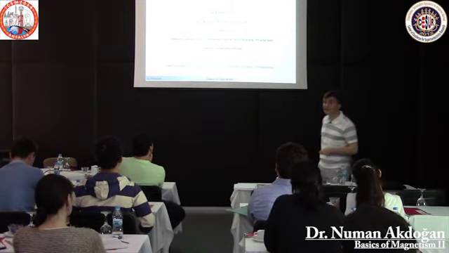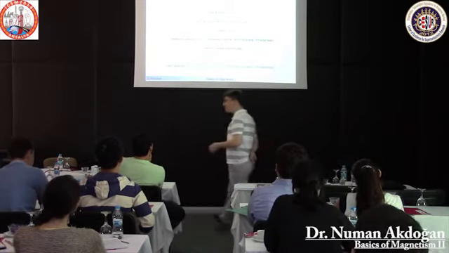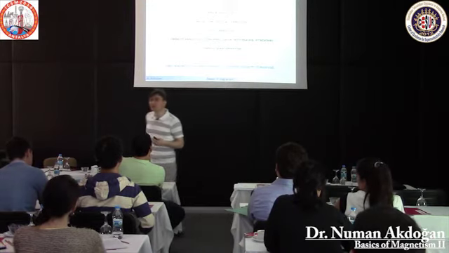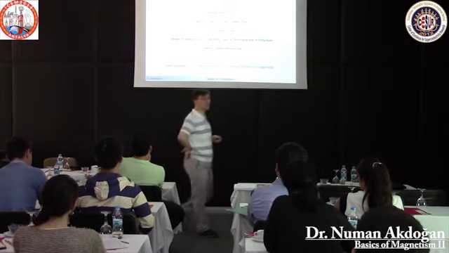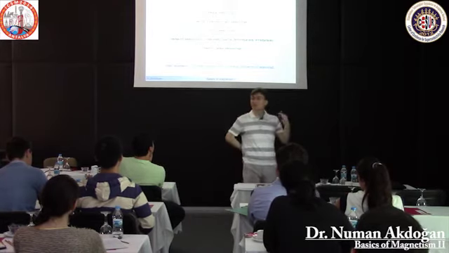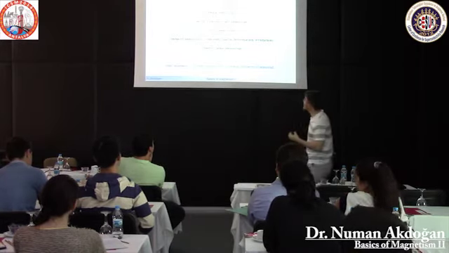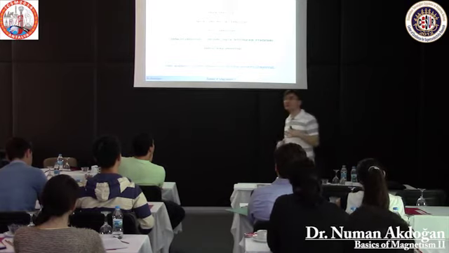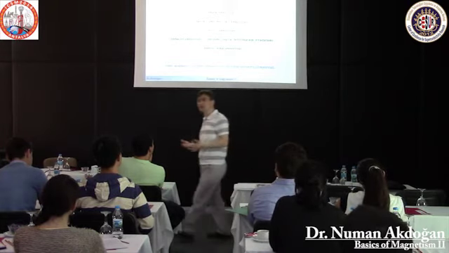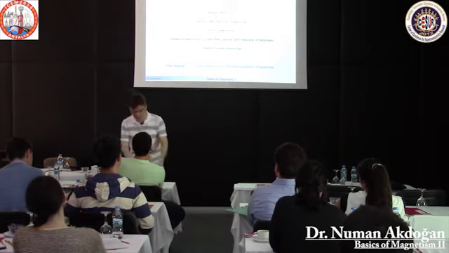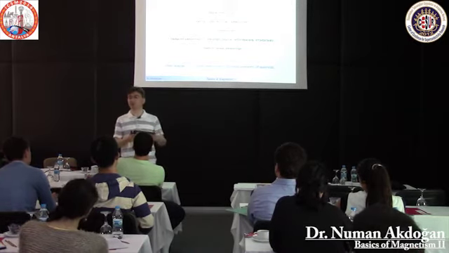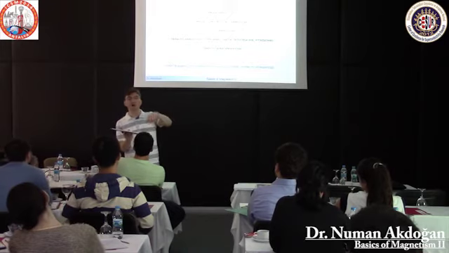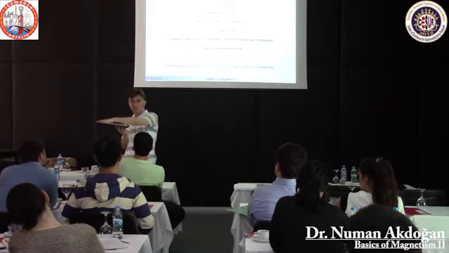So, what is magnetic anisotropy? Magnetic anisotropy is also important in the magnetic data storage industry. There are many types of anisotropy. Anisotropy means direction dependence of the magnetization. For example, you have this type of material, okay? You apply an external magnetic field in this direction and you measure the magnetization.